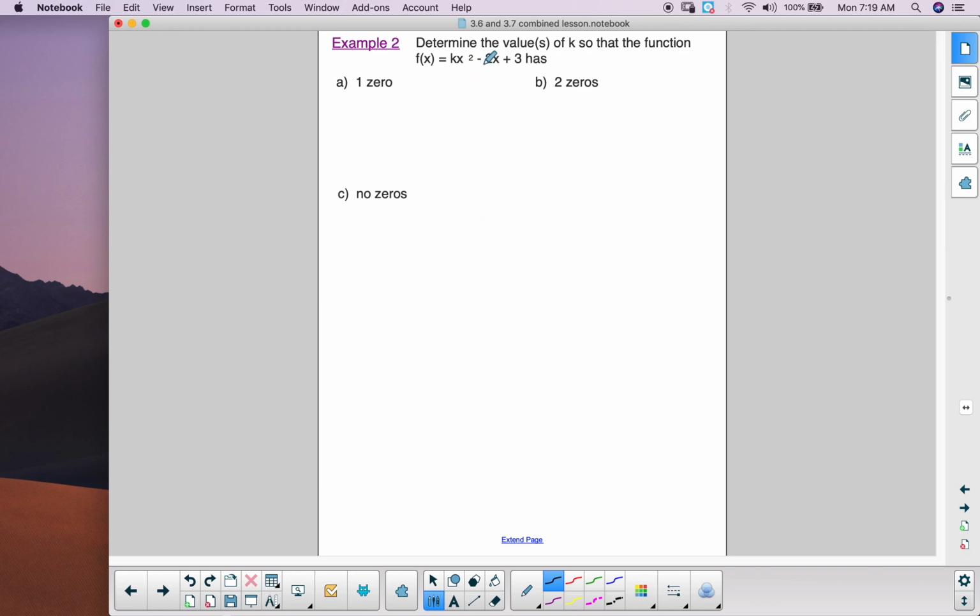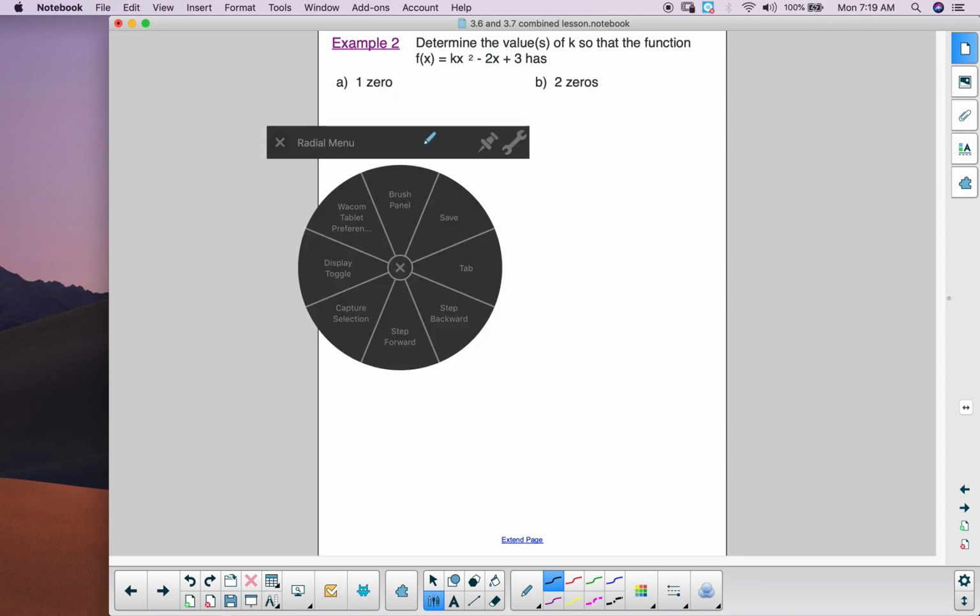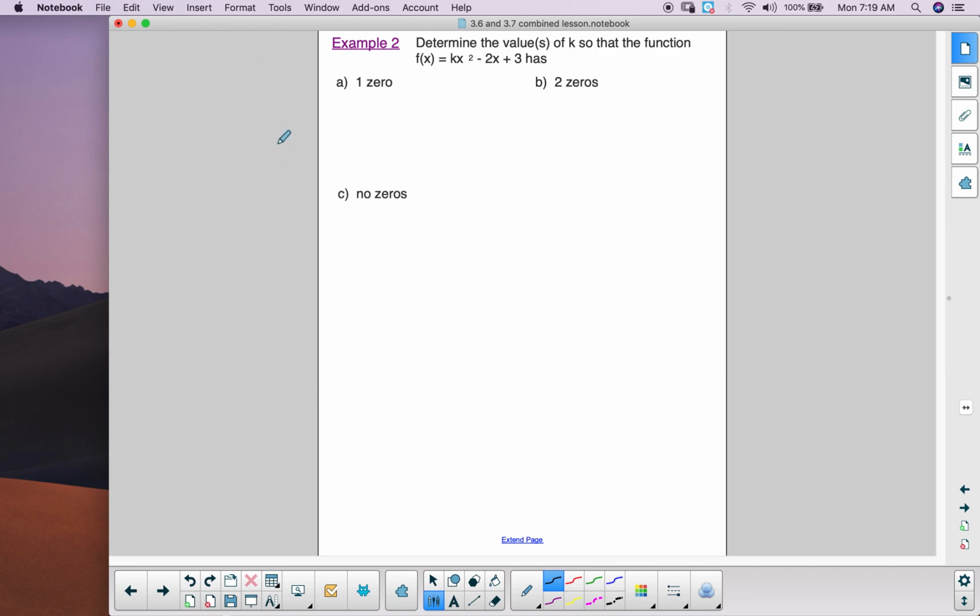Example 2: we have to determine the value of k so that the function f of x equals kx squared minus 2x plus 3 has one zero in part A, two zeros in part B, and no zeros in part C. If there's only one zero, that means b squared minus 4ac equals 0, which means negative 2 squared minus 4 times a, which in this case is k, times 3 equals 0.